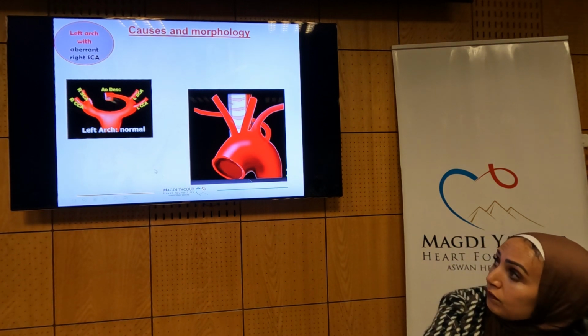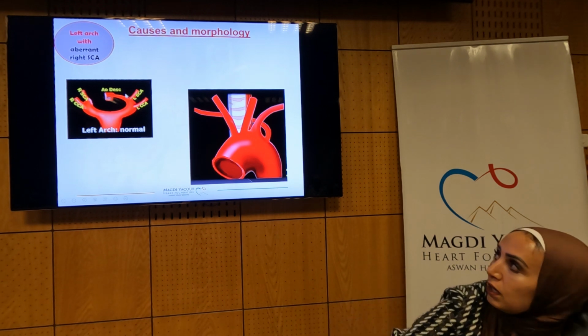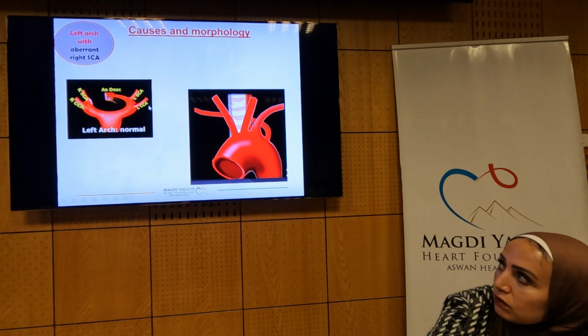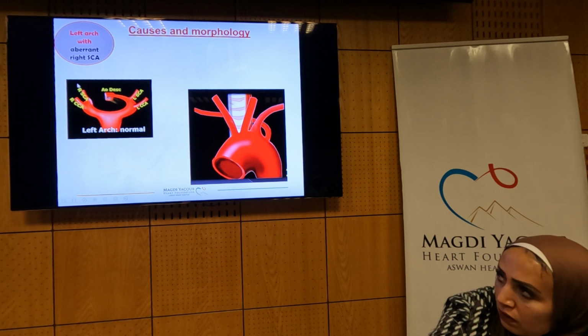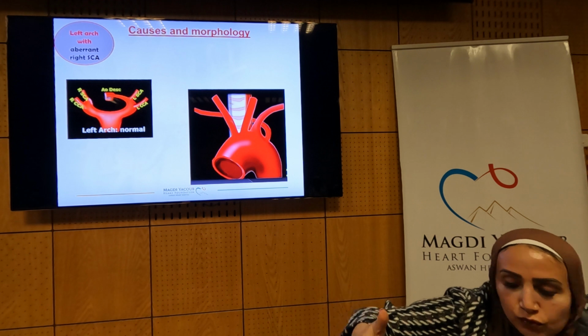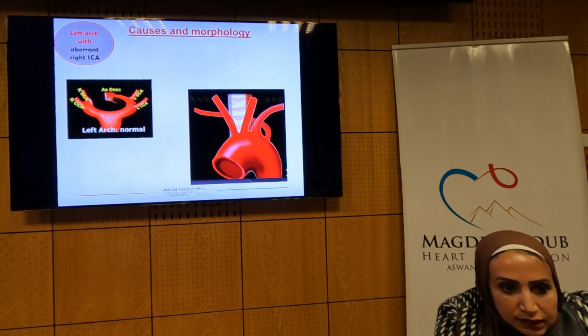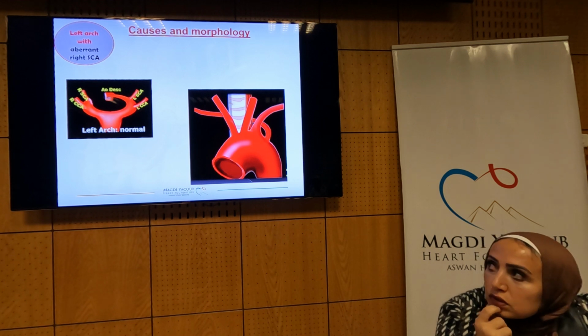I'm sorry, this is the left aortic arch, and we would like to have this right subclavian posteriorly, and we would like to have the brachiocephalic give the right carotid.